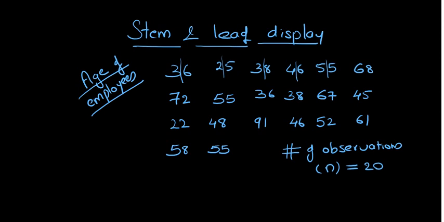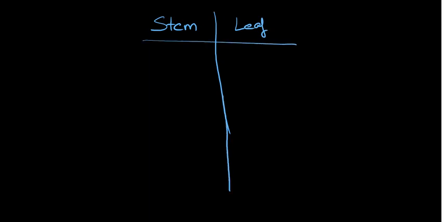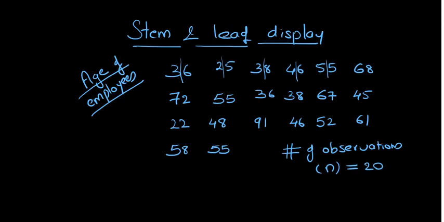So first I have to divide this into stem and then leaf. The first number is 36, but before that I will put 25, because 25 is a smaller number than 36. What I have done is split it into two.